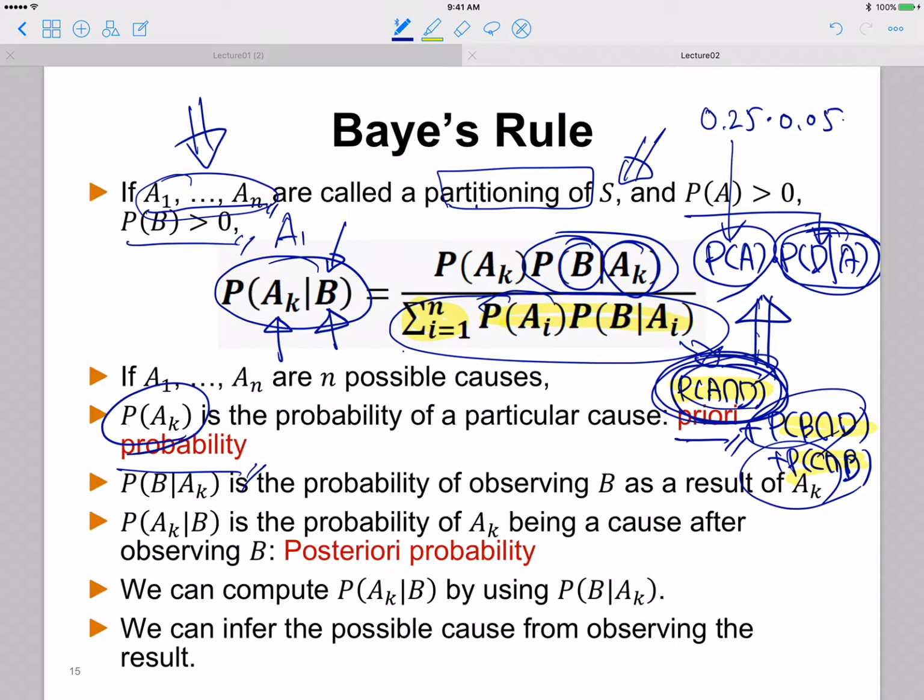Then this one, the probability will be considered in reverse order. So this probability is called a posteriori probability. Okay, but from this equation, this Bayes law or Bayes formula, we can compute the probability of considering the reverse order by using this kind of formula.